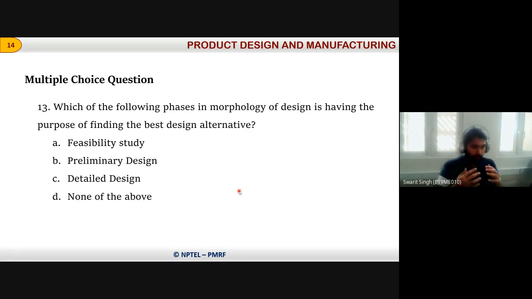All these need to be analyzed, and we analyze the different kinds of designs that are already available in the market. If not available, we go for certain design changes. So all these design alternatives are looked into in the primary design stage only. I hope those who have answered incorrectly now have got the answer, and why answer B is correct.